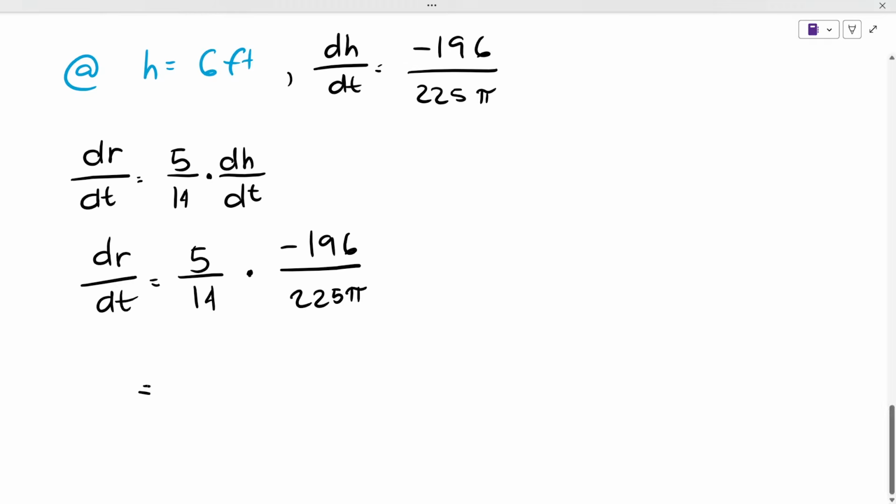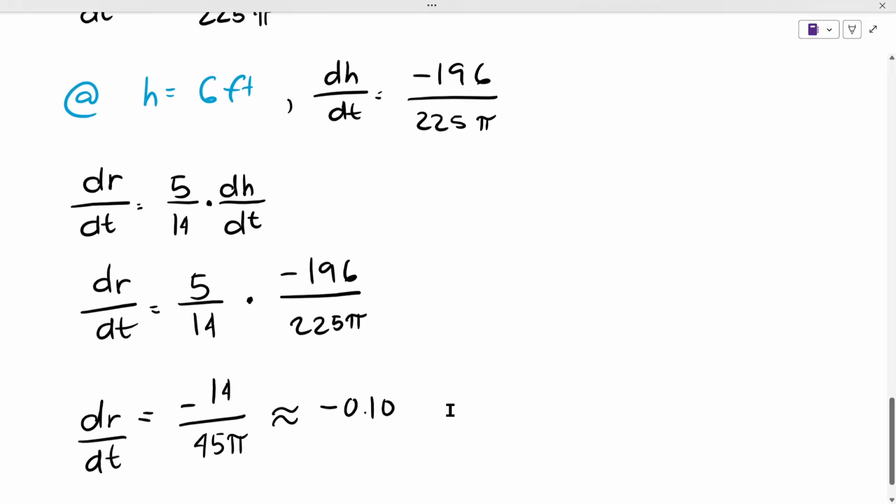And this will give us negative 144 over 45 pi, and it is approximately equal to negative 0.10. So this is our dr over dt.